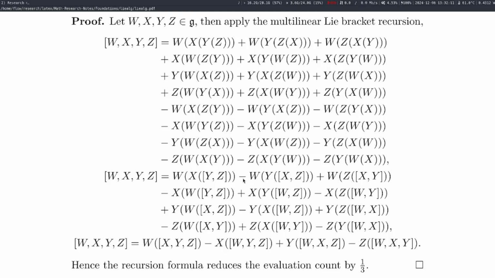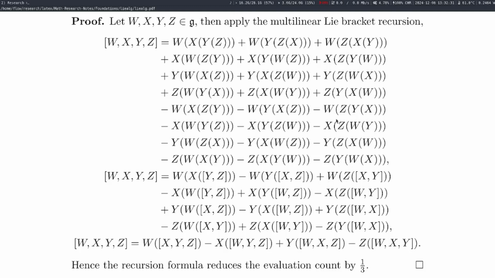And the Lie bracket recursion formula, which I gave and proved, helps us understand this alternating sum of minuses and pluses. And now we have plus again. We have w of z of xy and w of z of yx.